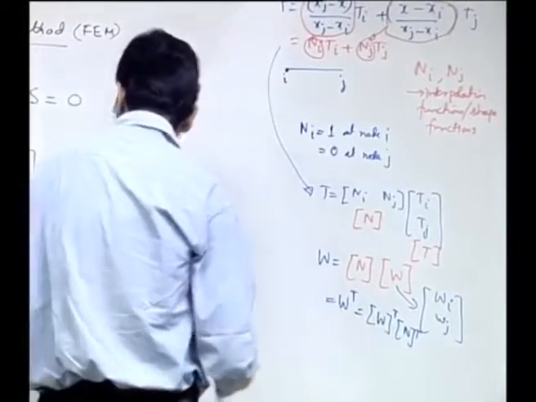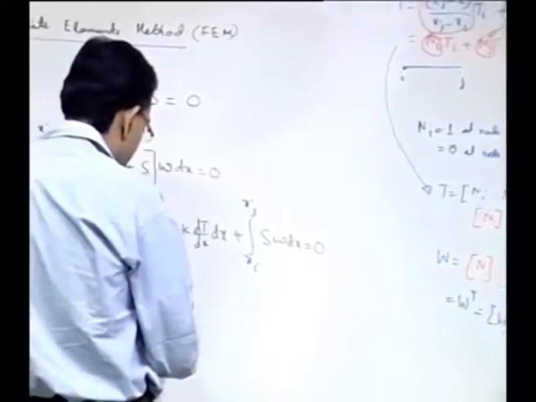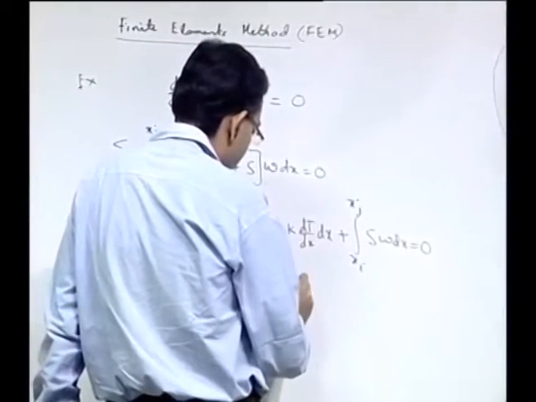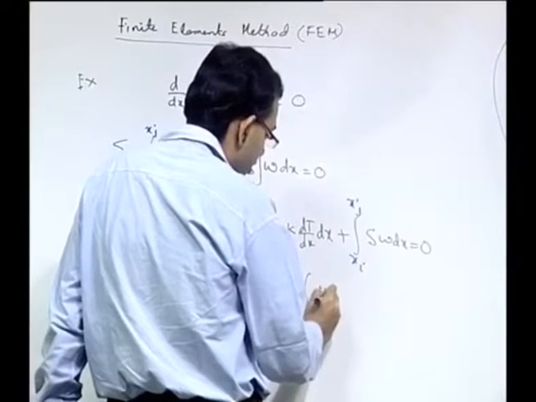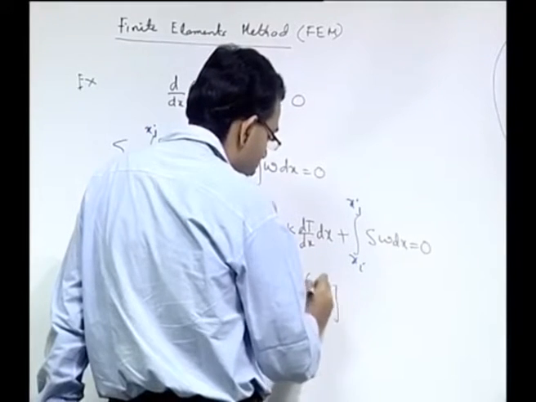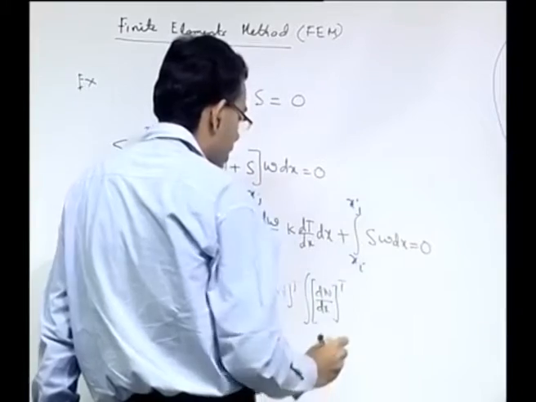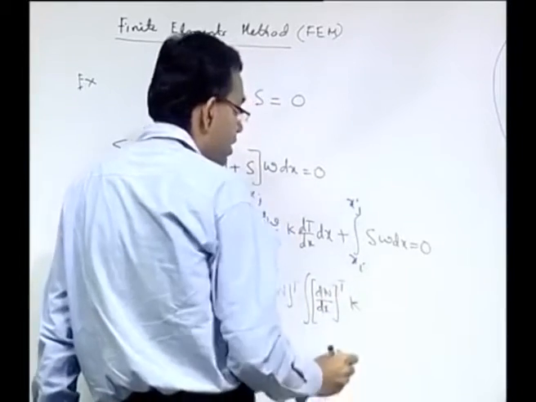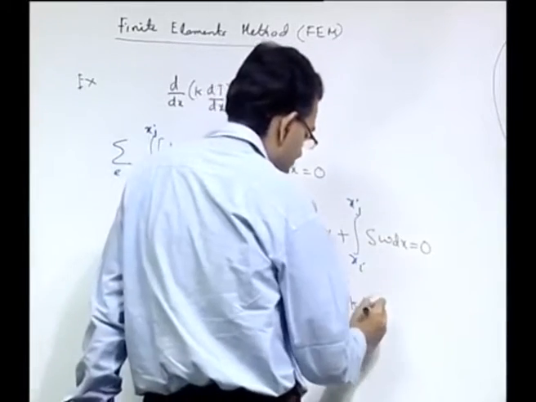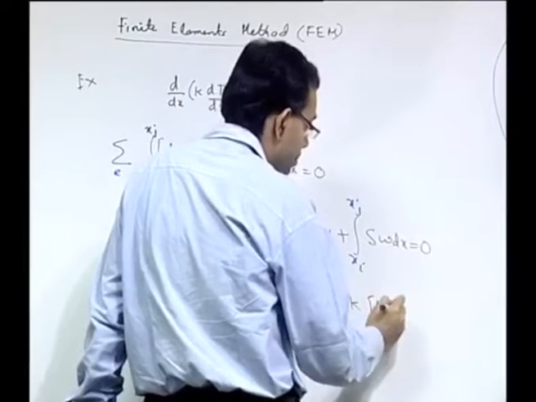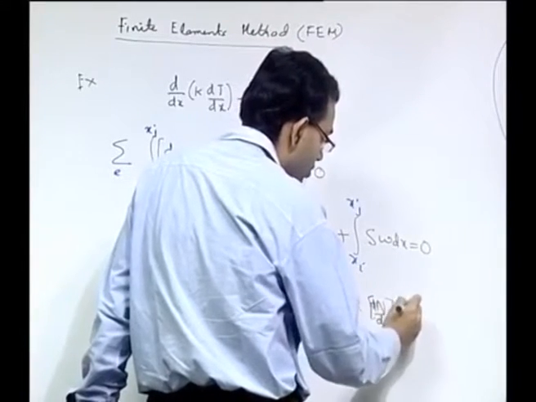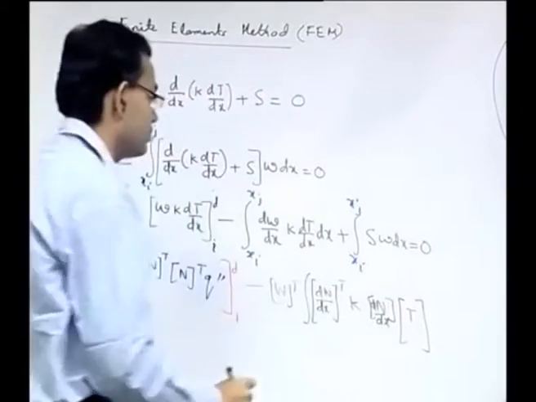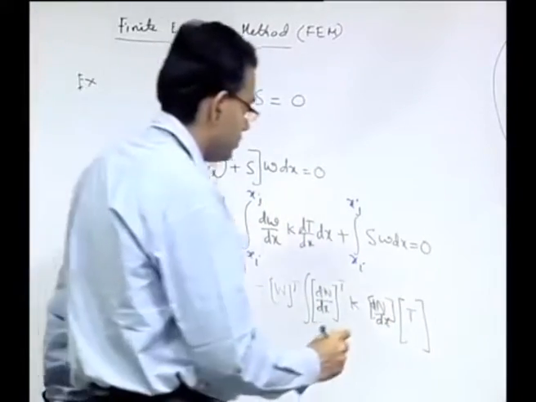So, you can write this as W transpose, then integral of dn dx transpose into k into dt dx is n trans dn dx into t dx.